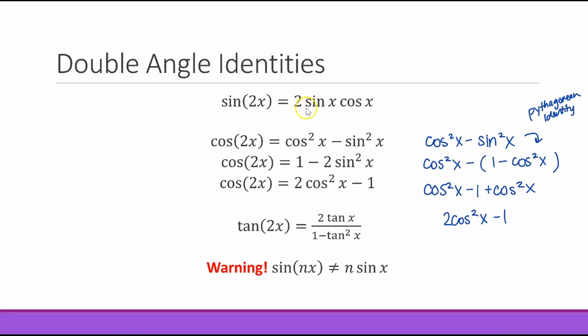Otherwise we would just get 2 times sine x, but there's this extra cosine x here. So this is one of the more common mistakes to see, thinking that you can treat sine as if it's just a number or a variable when it's a function that doesn't have this property of being able to pull a coefficient outside of the trig function or put anything into a trig function.